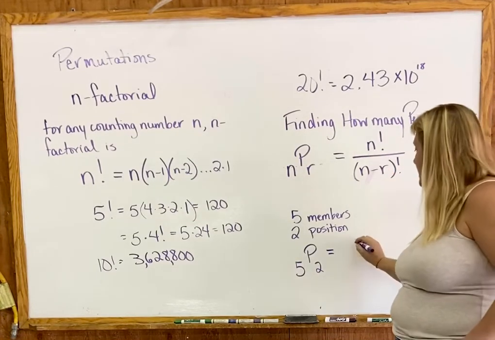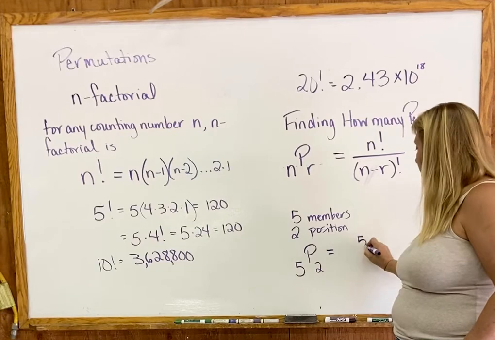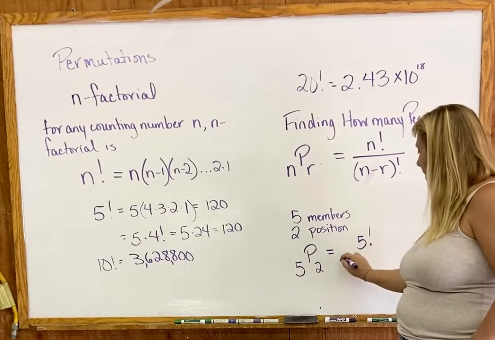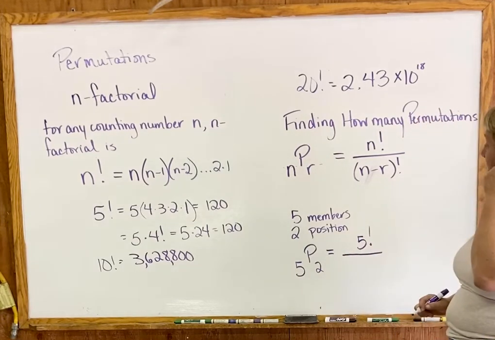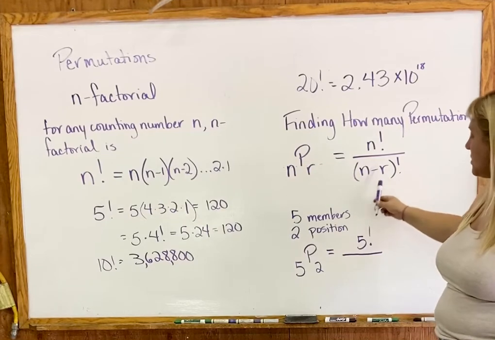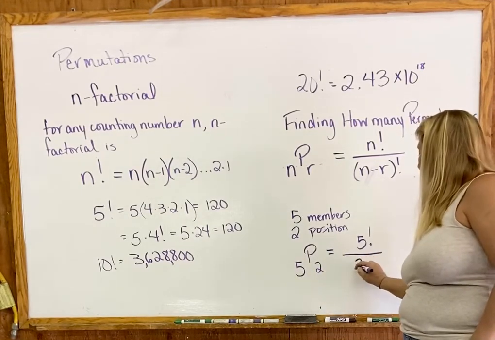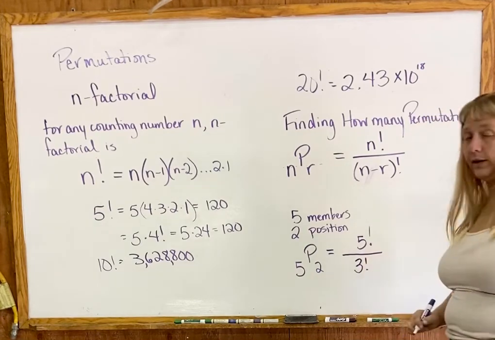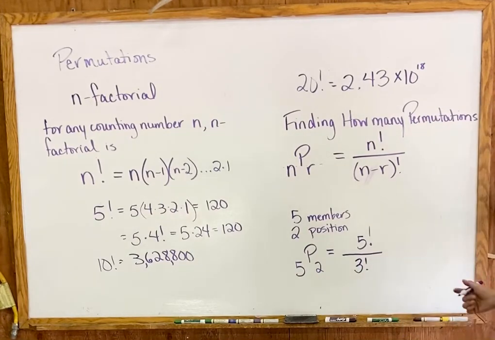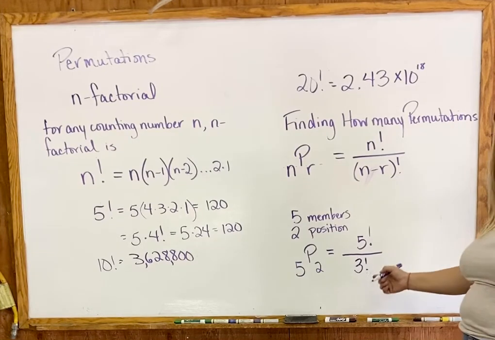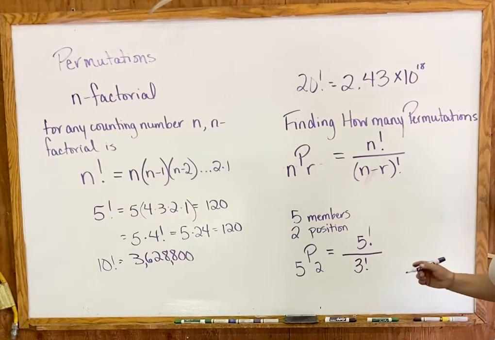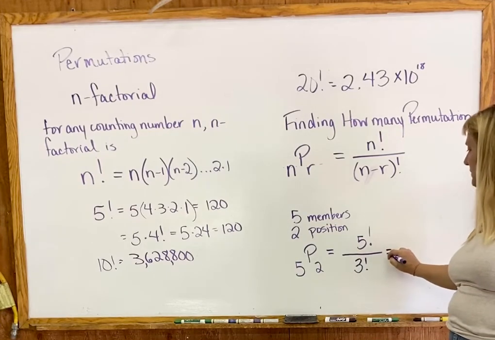The formula says to take the first number and put it up top, 5 factorial. On the bottom, we go n minus r, so 5 minus 2 is 3 factorial. These numbers are not so huge that you couldn't just do the factorials, but here's a common way to simplify.